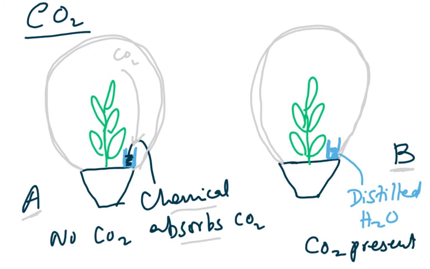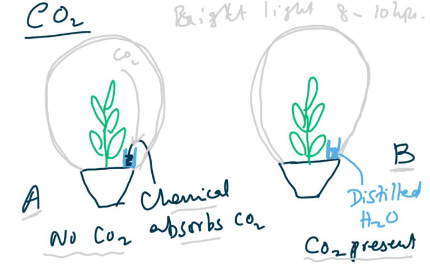So this plant has no CO2, this plant has CO2 present, and we expose them to bright light for again 8 to 10 hours, and then we take one leaf from here and one leaf from here and test them for starch.